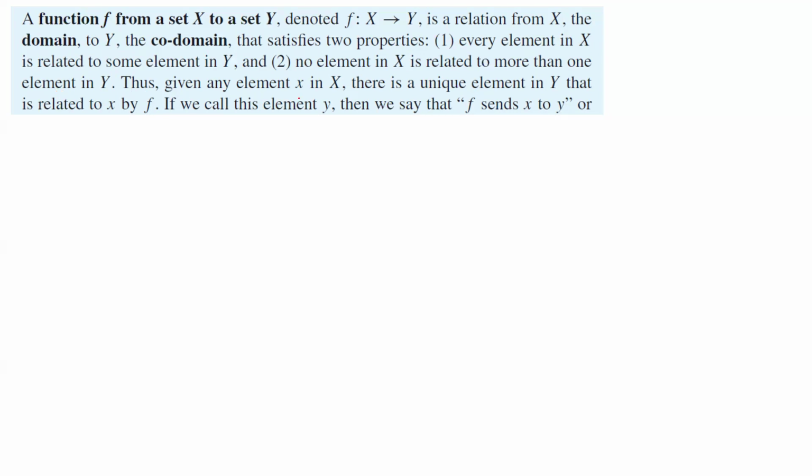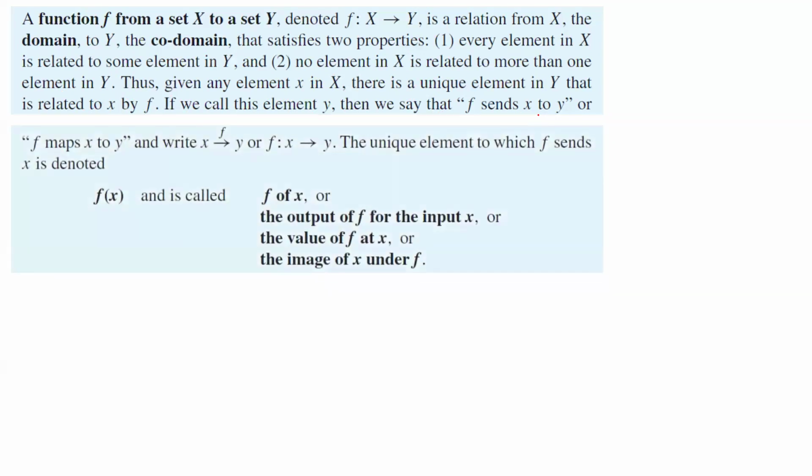Therefore, given any element x in the first set, there is a unique element in Y that is related to x by f. If we call this element y, then we say that f sends x to y, or basically you can write it this way: f as a machine maps x to y.